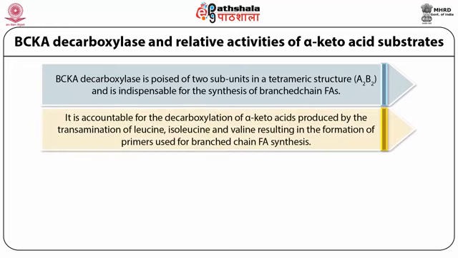It is also accountable for the decarboxylation of alpha keto acids produced by the transamination of leucine, isoleucine, and valine, resulting in the formation of primers used for branch chain fatty acid synthesis.